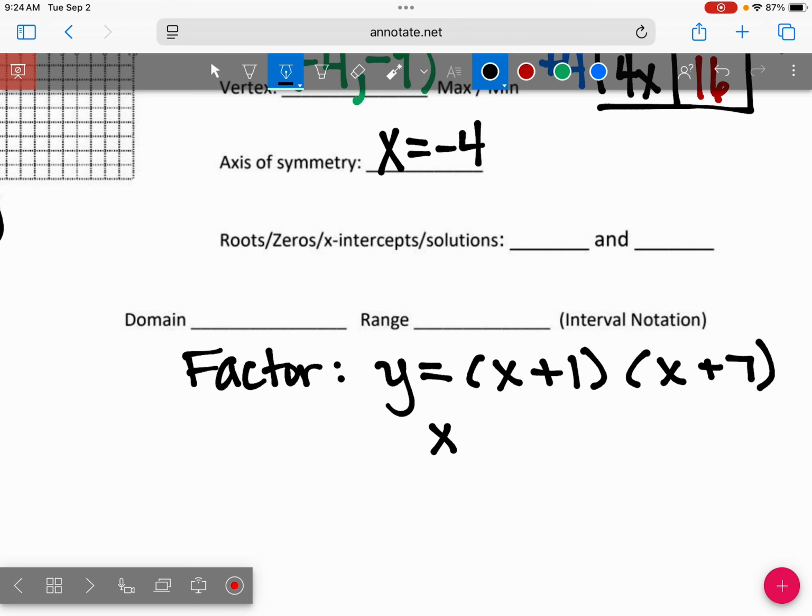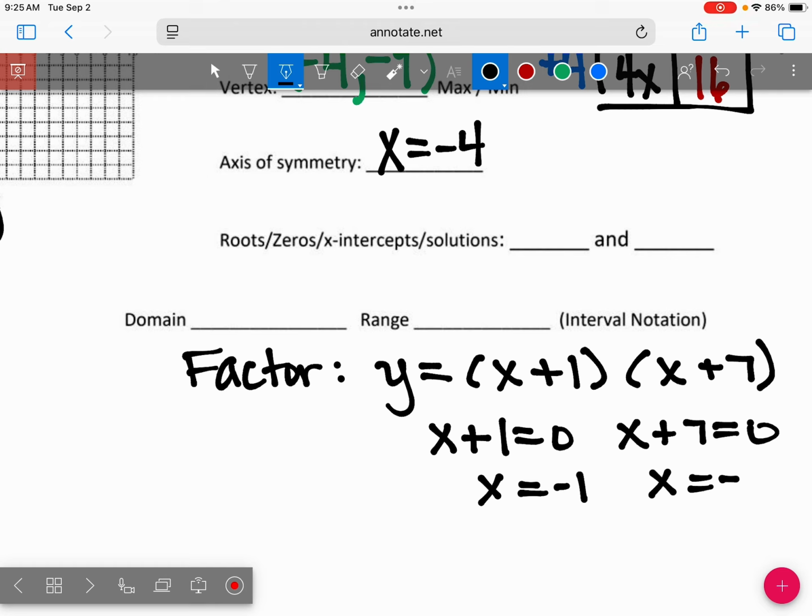Now, when you set that equal to 0, that's going to tell you where this graph will cross the x-axis. So it's going to cross at x equals what? Where are my 2 places where it's going to cross? Negative 7 and negative 1.